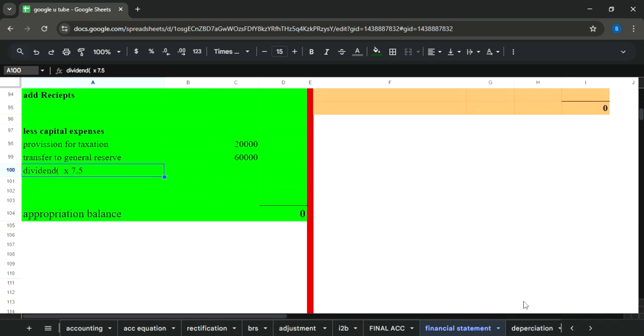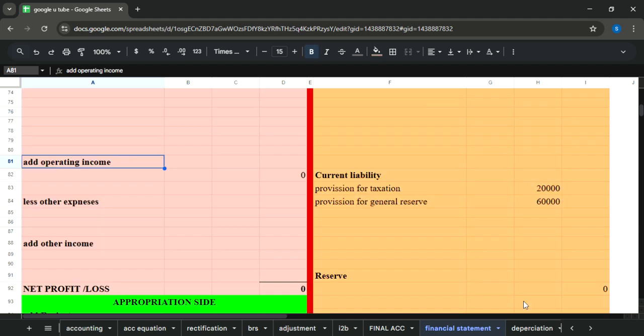So come over here, and we now have in mind that the number of shares is 6,000. Each share will have 7.5 as dividend. Let's calculate. Number of shares 6,000, and each share will get 7.5 rupees as dividend. So 45,000 dividend, first effect is completed.